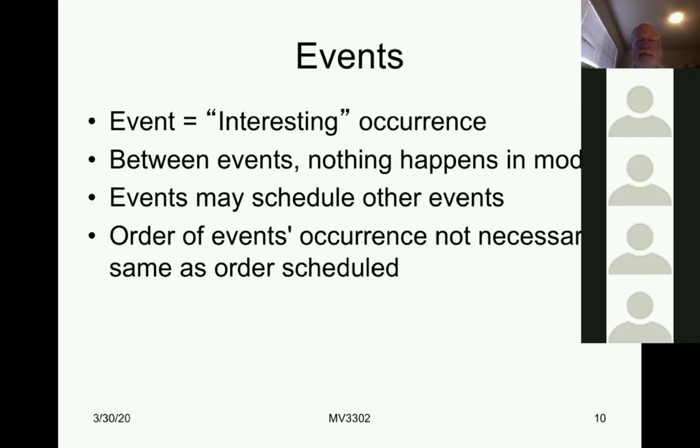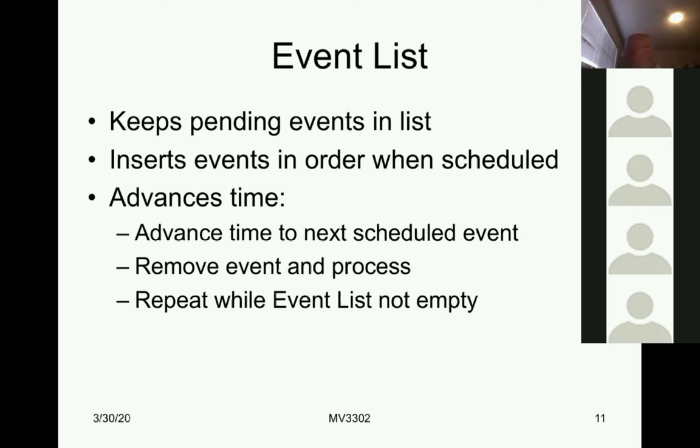Again, all of that will become a little clearer as we move on through the course. Now, how this happens is through something called the event list, or future event list, I think I call it in the reading. The idea is that it keeps the pending events in a list, or, in a callback to what we've used in Java, you can think of it as a sorted set.